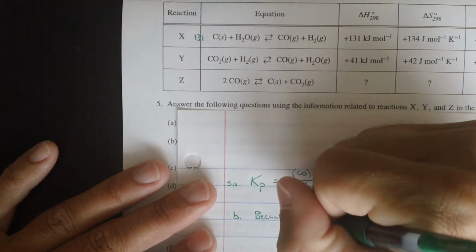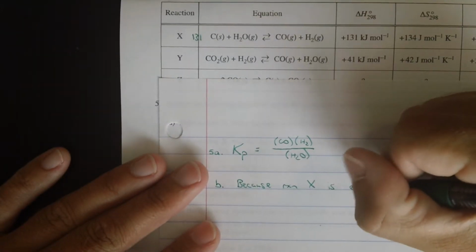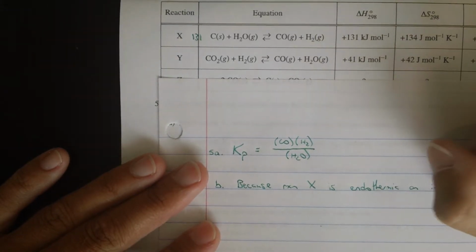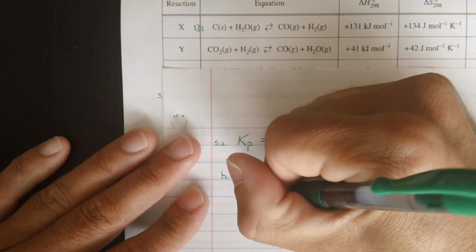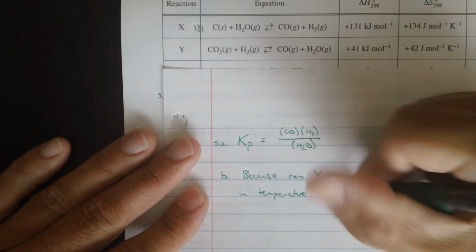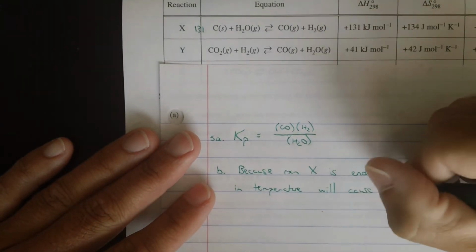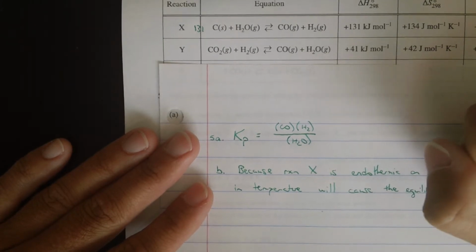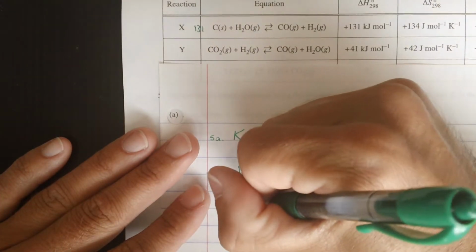So the answer is because reaction X is endothermic, an increase in temperature will cause the equilibrium to shift towards products.